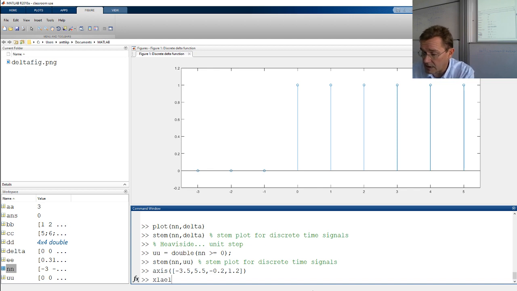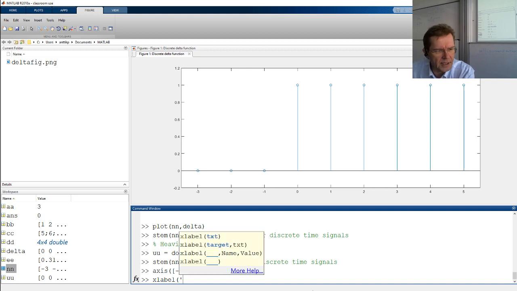The same thing with the labels, xlabel, and then a string separator. Here is the prime, not the double prime, but prime.